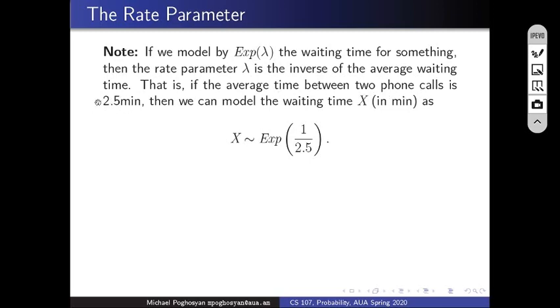And if we know that the average time is 2.5 minutes, then the waiting time x in minutes between two successive phone calls is modeled by exponential with parameter 1 over this average value, 1 over 2.5.